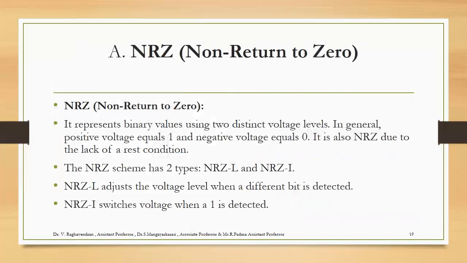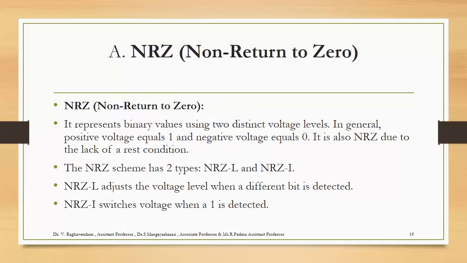NRZ means non-return to zero. Non-return to zero represents the binary values using two different distinct voltage levels. In general, positive voltage equals 1 and negative voltage equals 0. It is also called NRZ due to the lack of rest conditions.